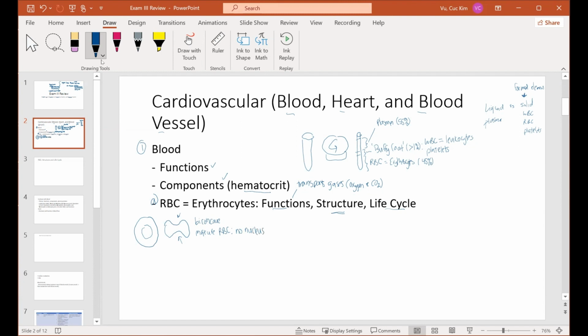Okay. What's the function of the nucleus? What's the significance of a nucleus? What does a nucleus do? What does it contain? Yeah, exactly. Great job, Irene.